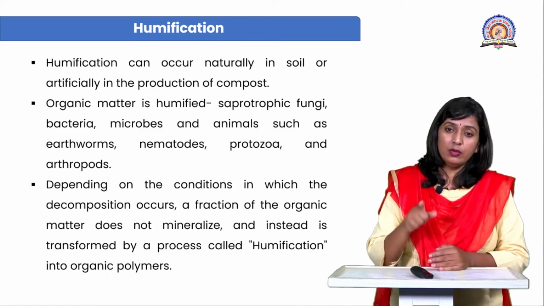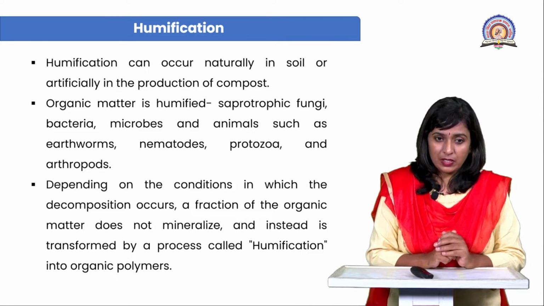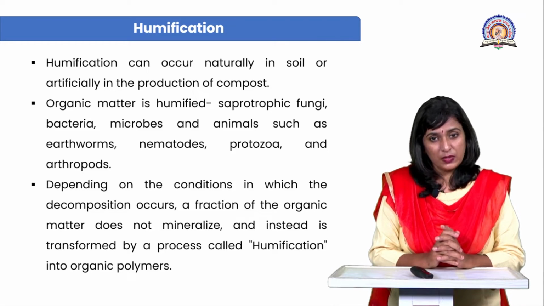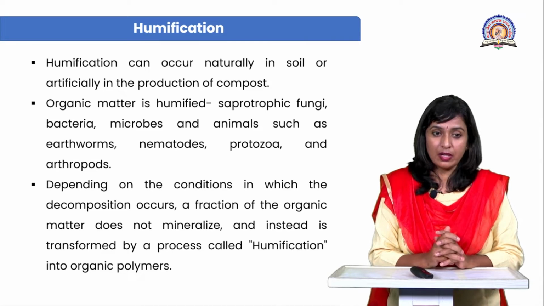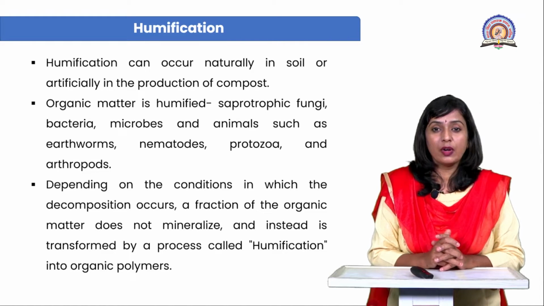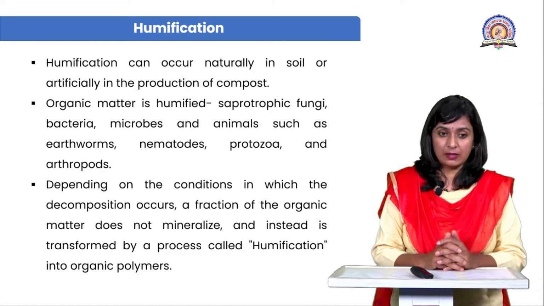But naturally also it takes place in the environment. So humidification, that is humus formation, can take place either through the natural way in the soil or artificially during the production of the compost.